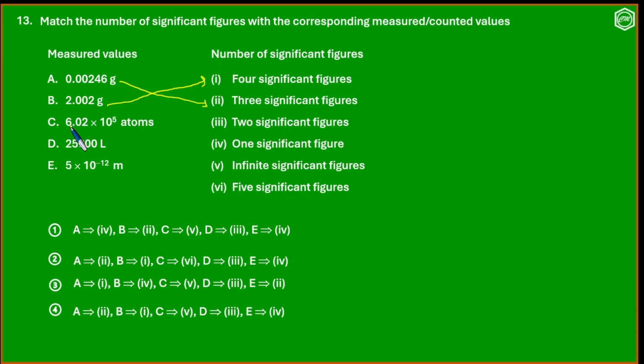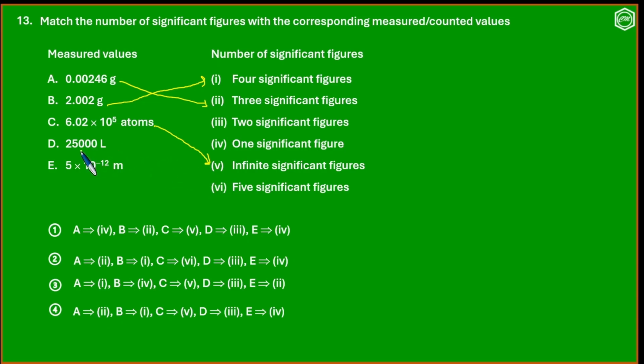Now this is a counted number, 6.02 into 10 raised to 5 atoms. Counting numbers have infinite number of significant figures. So look for infinite. So we connect C to 5.